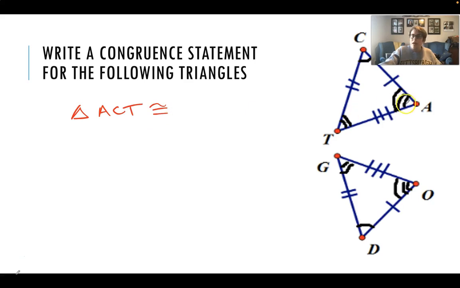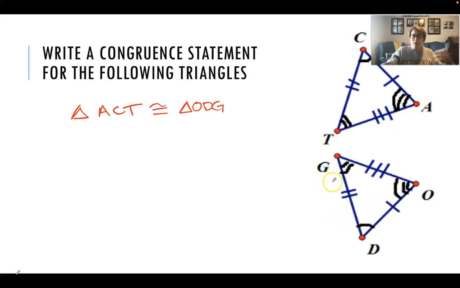Now notice I started with A, so I'm looking at the 3, and then as I moved up, I went along the 1 and ended where the 1 mark was to C, so that would put me at O, D, G. So triangle O, D, G. Now I could have just as easily named these triangles differently. I could have gone with C, T, A, and D, G, O.